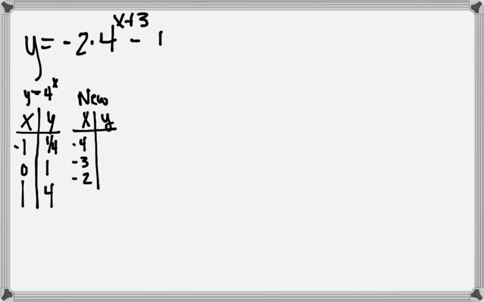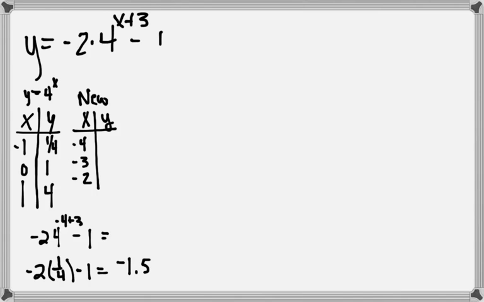For example, let's plug this in. We have -2 times 4 to the (-4 plus 3), and that's going to be -1. What does that give me? -2 times 4 to the -1 is 1/4. Minus 1 is -1.5, because you get -1/2 minus 1.